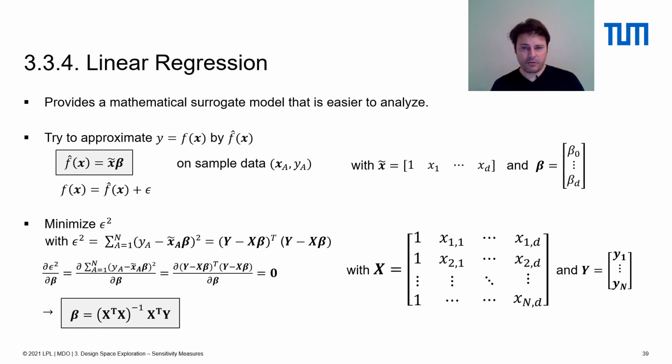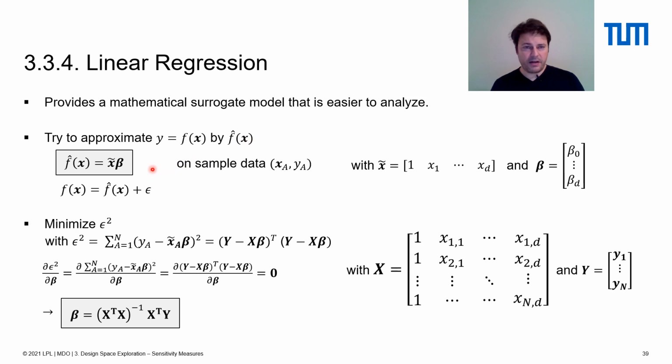I'm going to go quickly through the math to explain how this is carried out. So we want to approximate our black box function f of x by a substitute or a surrogate model f hat of x.